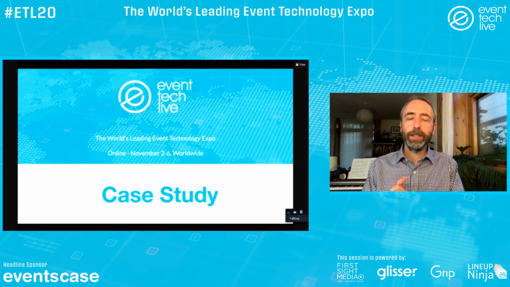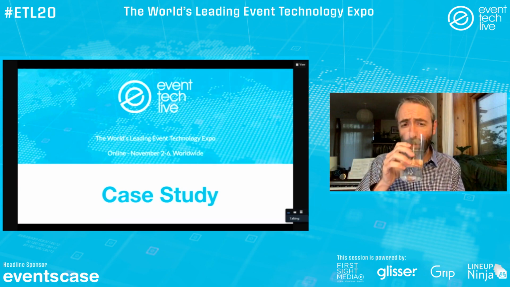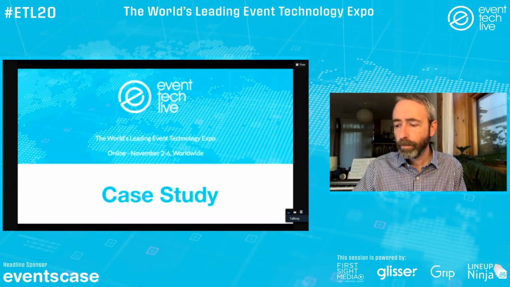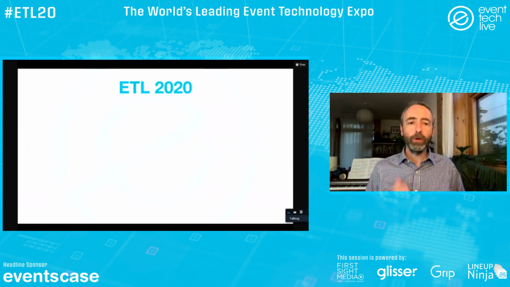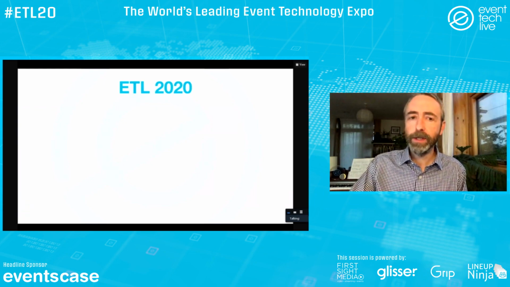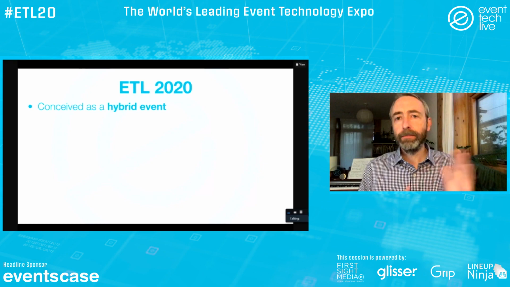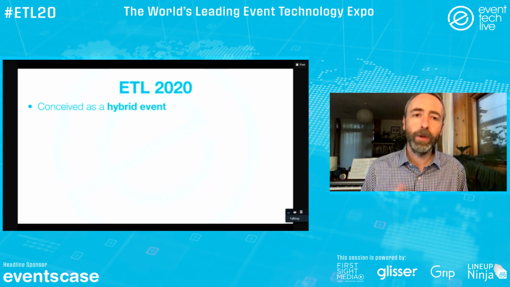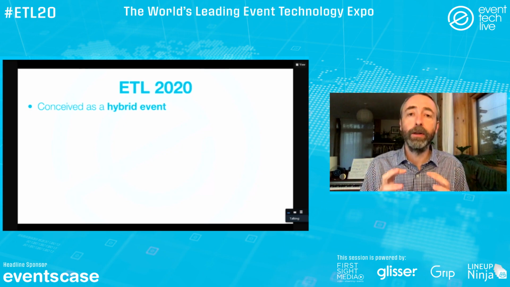Okay, so we're going to look at Event Tech Live as a case study now. Event Tech Live 2020 was conceived as a hybrid event. When they were planning it back in March 2020 and we were going into lockdown, obviously they wanted to hedge against the possibility of the physical event not being able to run.